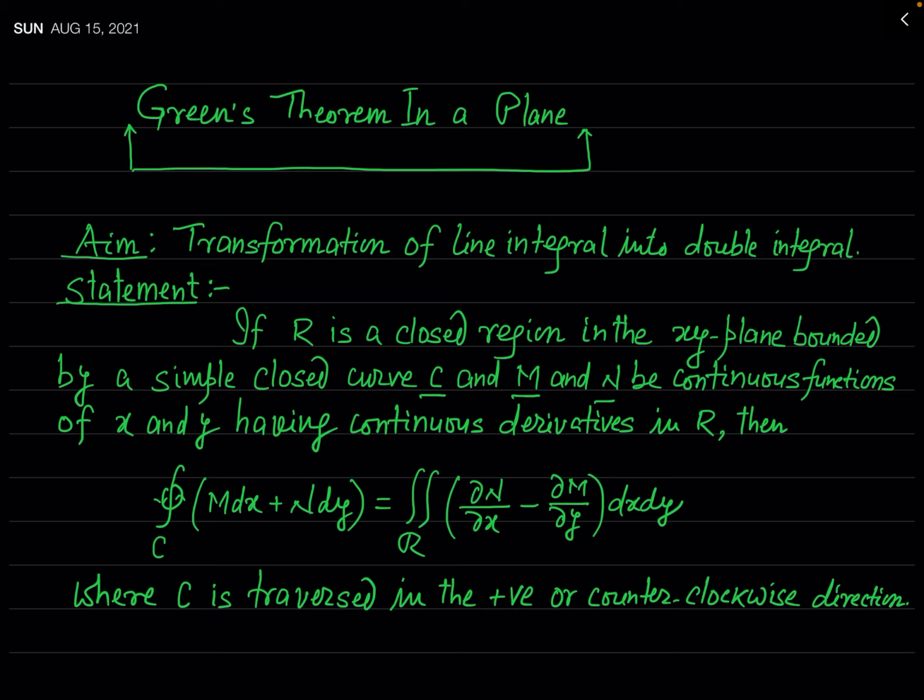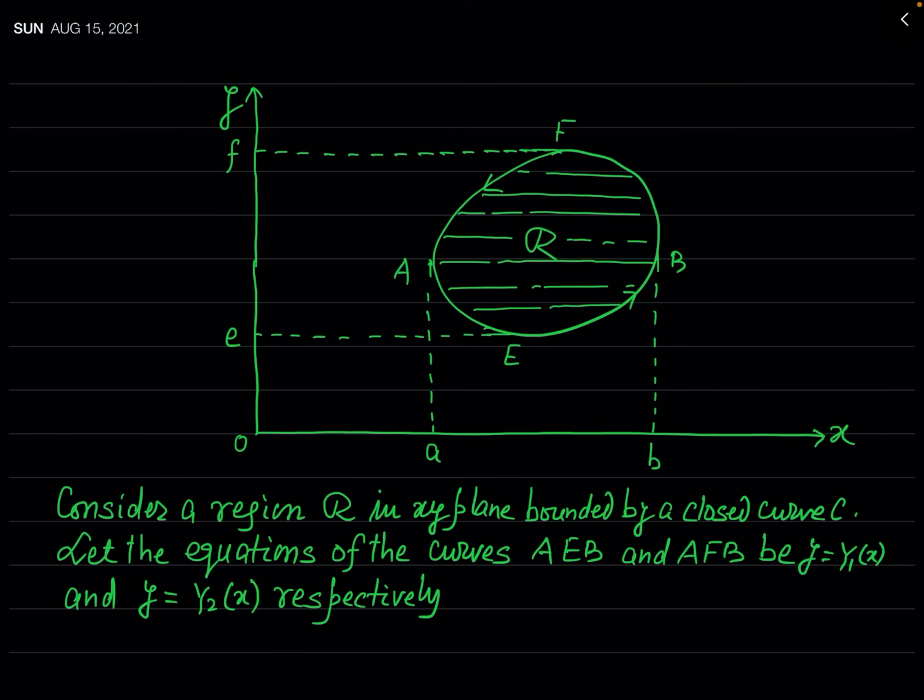This is the mathematical form of Green's theorem in a plane. Now, after knowing this statement, first of all we will prove it, and after that in the second lecture we will see the important numerical problems based on this theorem. In fact, after solving those problems you will find the actual concept of this theorem, when it is applied and how it is applied to solve the problem.